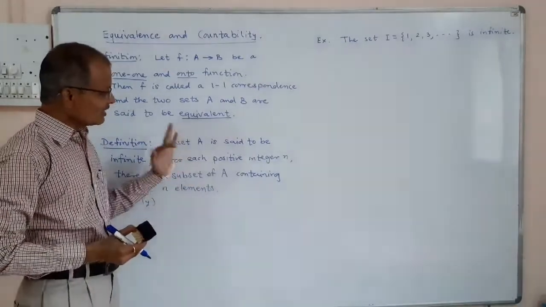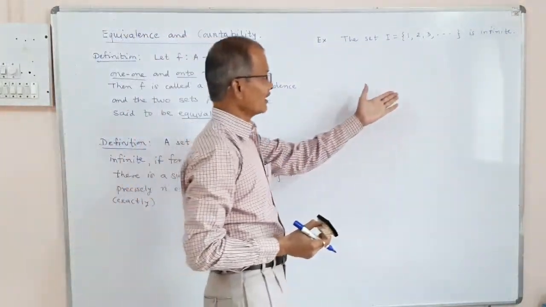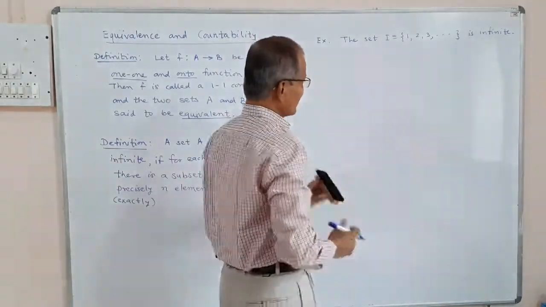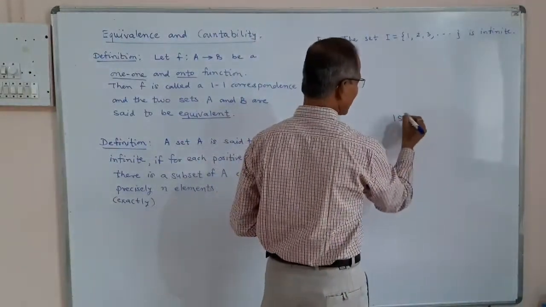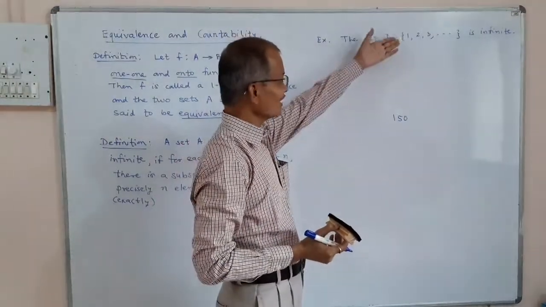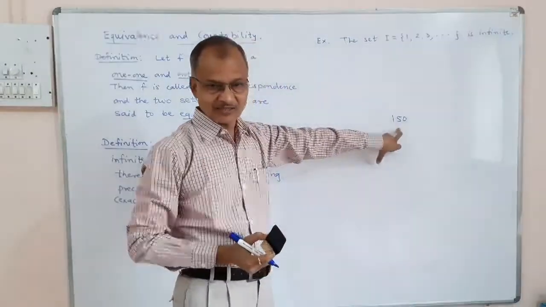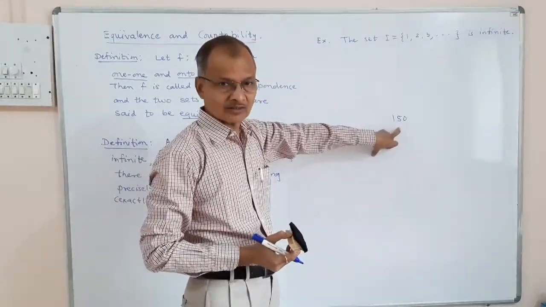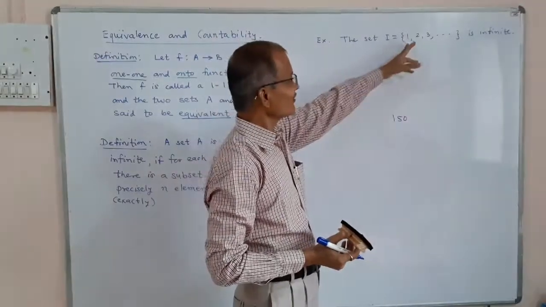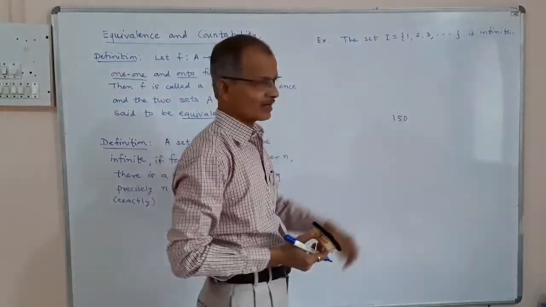If you consider any positive integer n, say 150, or we may consider a bigger number also, then there exists a subset of I containing 150 elements. It is very obvious, because if you consider 1 to 150, then that is a subset of I which contains 150 elements.